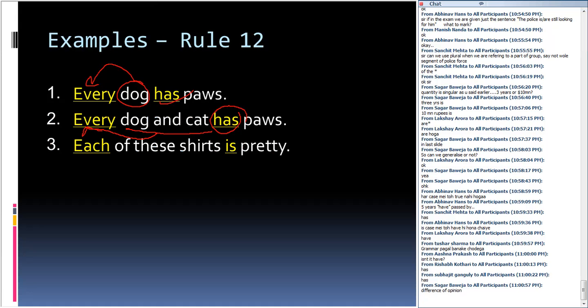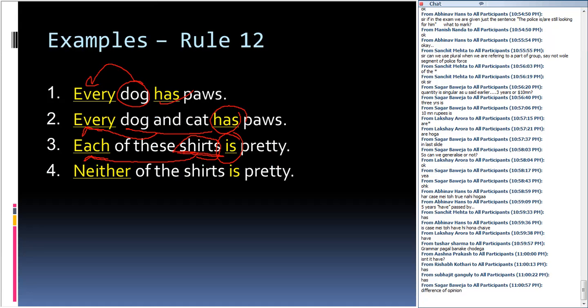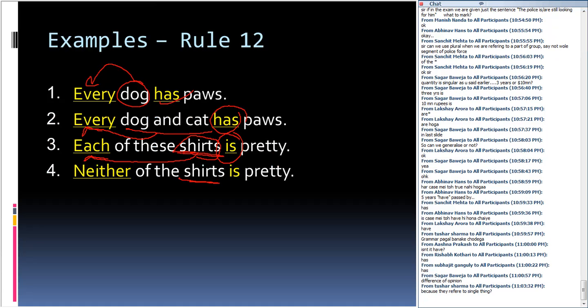Each of these shirts is pretty, even though now the subject is plural, shirts. But because the word each precedes shirts, that is why the verb is. Each of these shirts is pretty. Neither of the shirts is pretty. फिर से shirts plural है, but neither precede करता है.